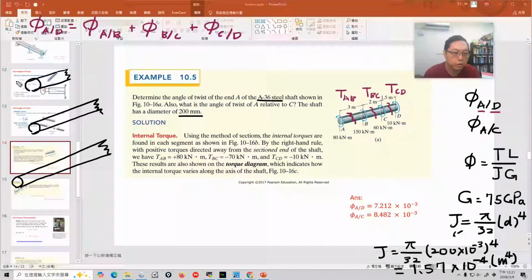Here is A, A is called 80. Here is B. Torque, so I need to know its direction.